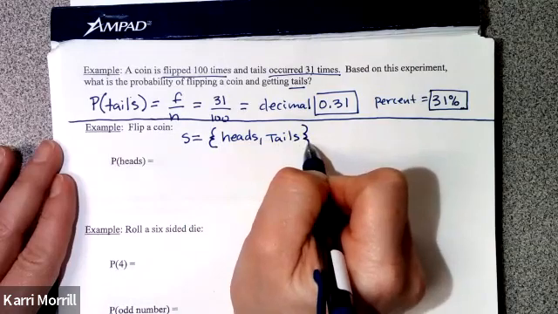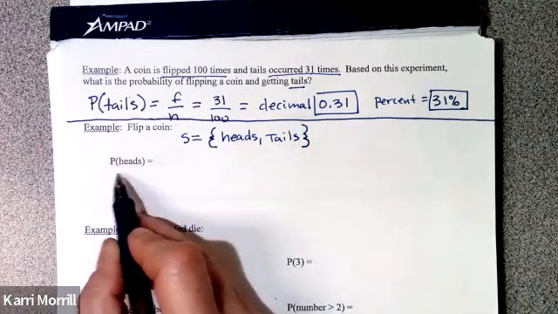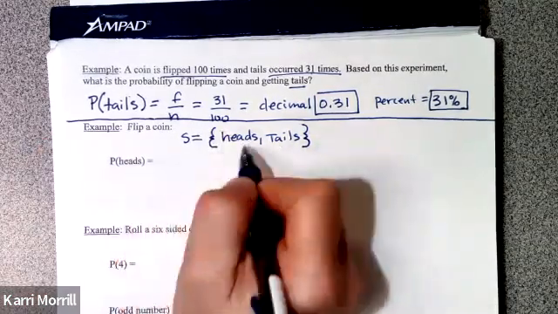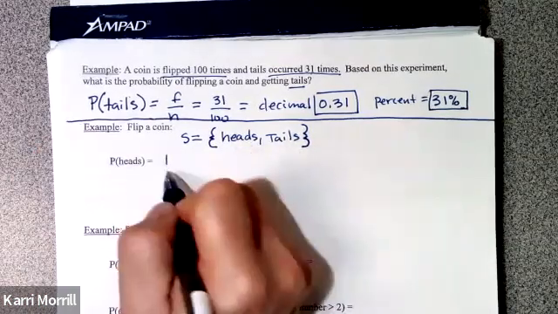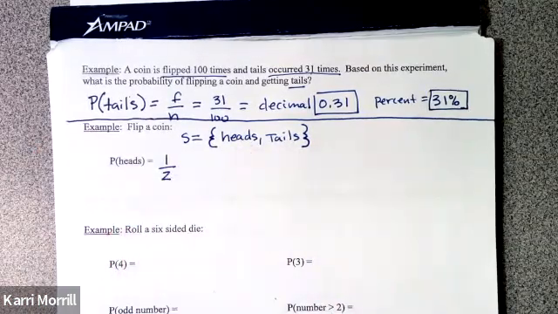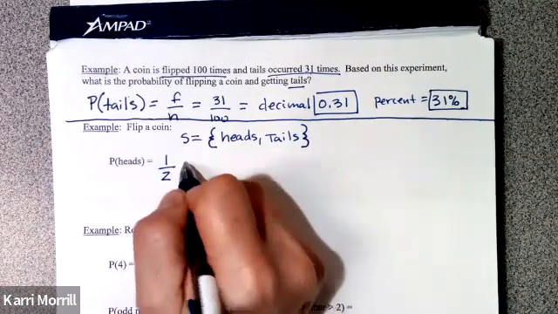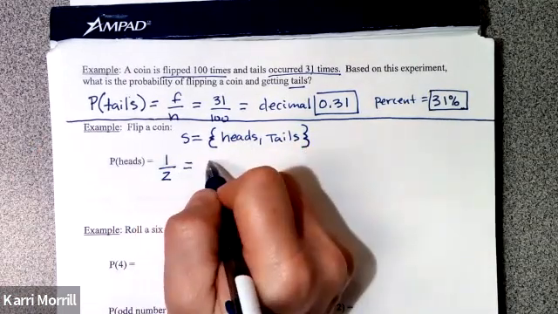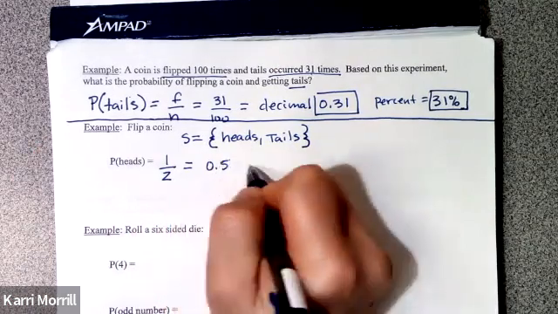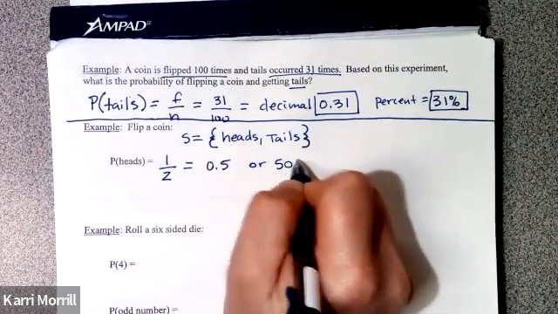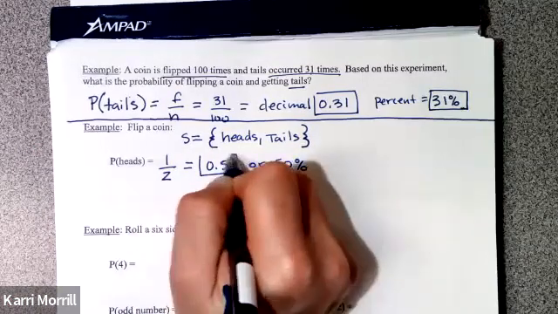Heads or tails. So if I'm saying what's the probability of getting heads, that means 1 out of 2 options are heads. So the probability of getting heads could be 0.5, or we could say 50% chance.